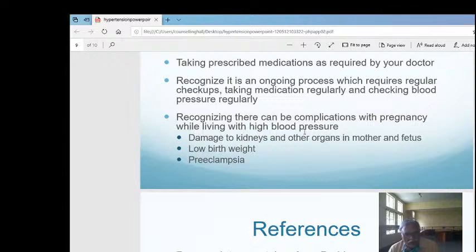Third type it increases much more, and fourth type is slightly decreased and muffled, and fifth type of Korotkov sound is at the level of disappearance of the Korotkov sounds. That is the diastolic pressure.